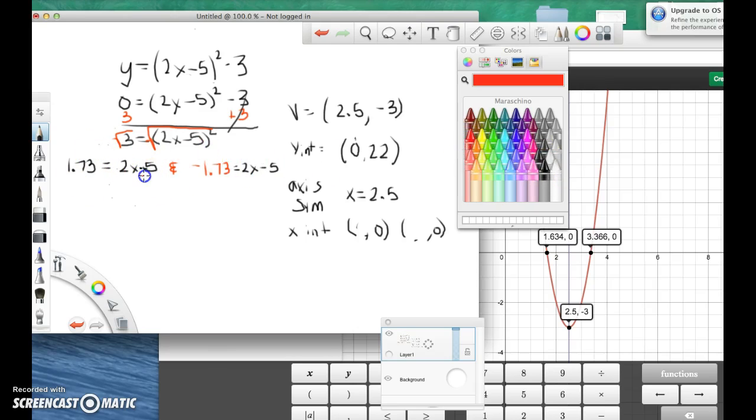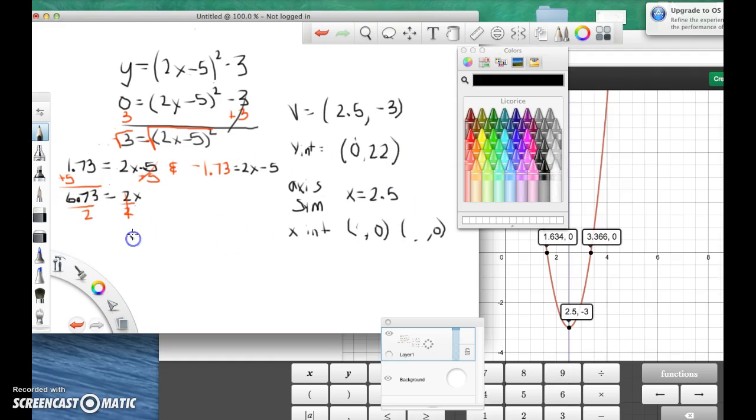So for this one now you're going to add the 5 to both sides. Notice I put the 5 underneath the 1.73. So this is 6.73 equals 2x. Lastly, divide by 2, cut it in half, cut this in half.